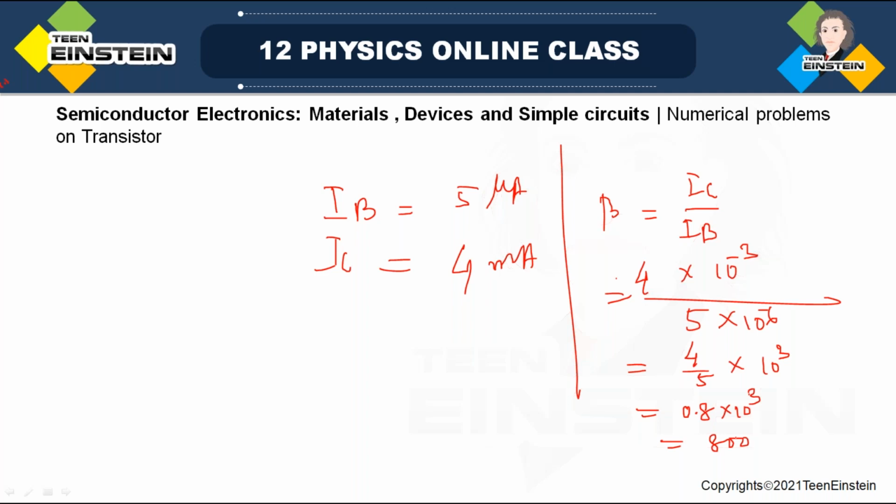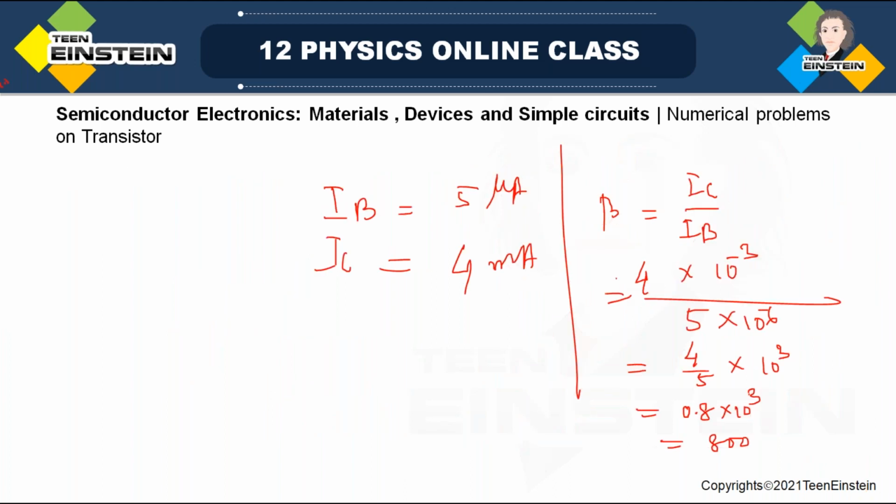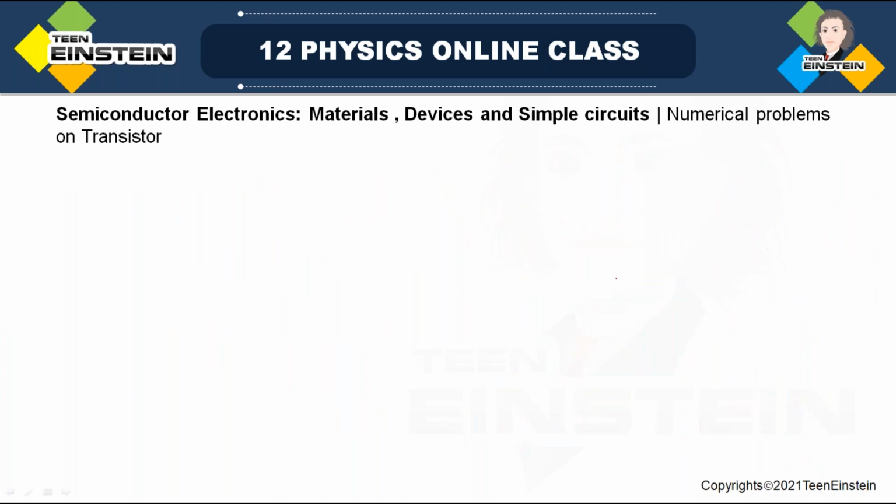Okay, let me just redo that. IB is actually, IB was 20 volt by 500 kilo ohm, right? 500 kilo ohm means this much.